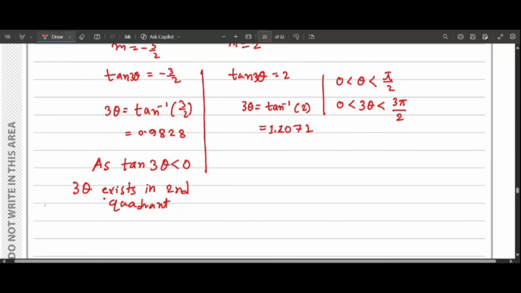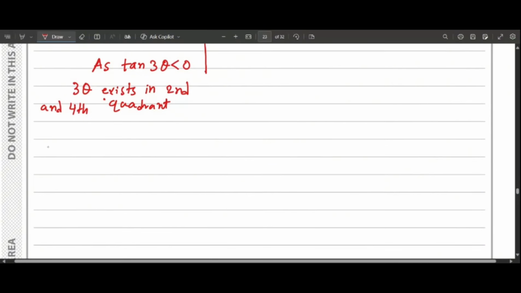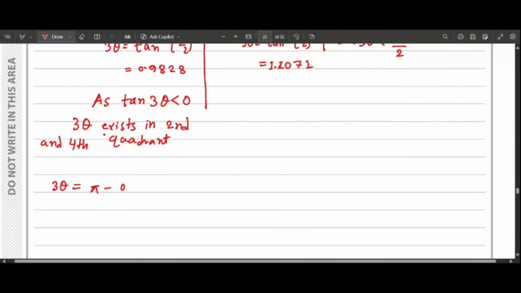To be fair, it does also exist in the fourth quadrant, but the fourth quadrant does not exist in our range. So we can write that 3 theta will be equal to pi minus 0.9828 or 2 pi minus 0.9828. This is beyond our range, so this value will not be acceptable.